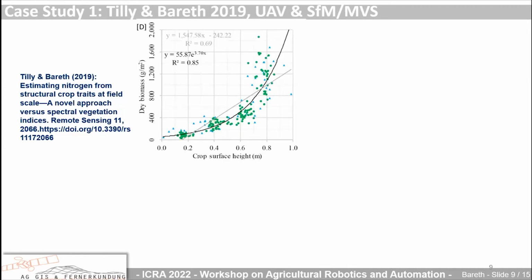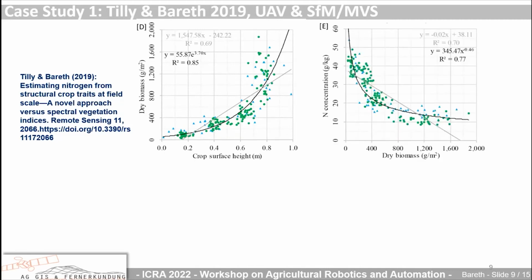So we know that the crop surface height is predicting biomass. And from the textbook, and we are geographers, we are not agricultural engineers or plant nutrition scientists or agronomists, we also know, and this is well described, that over time during plant growth, we have a relation between biomass and nitrogen concentration. It's a decreasing function.